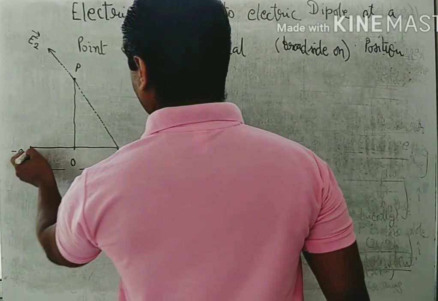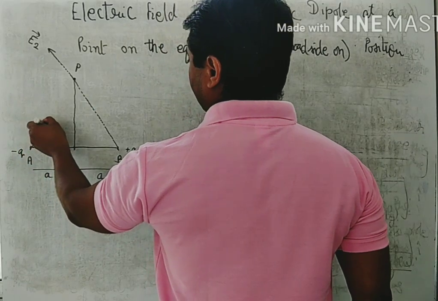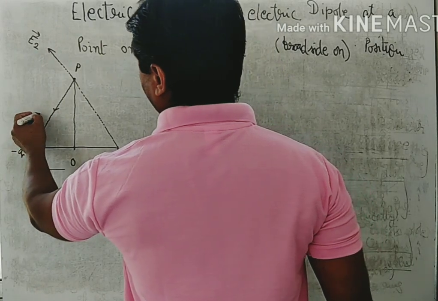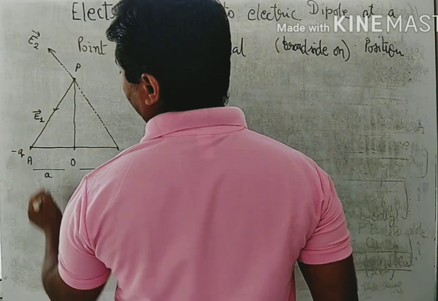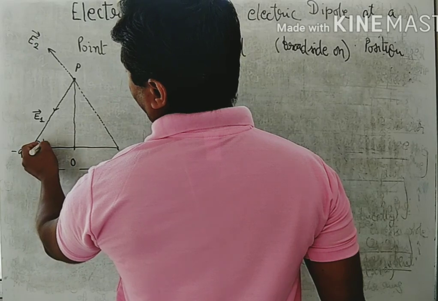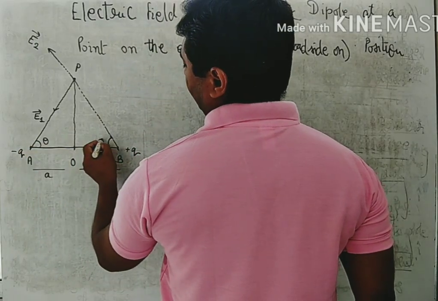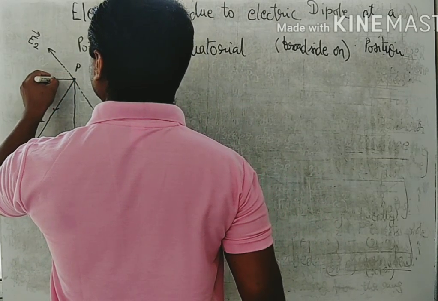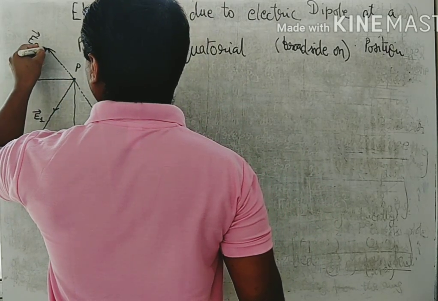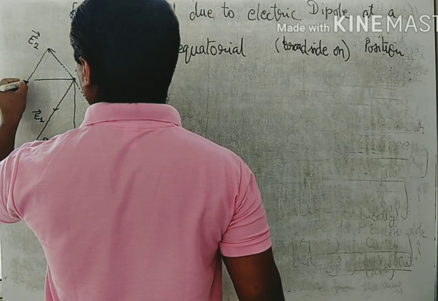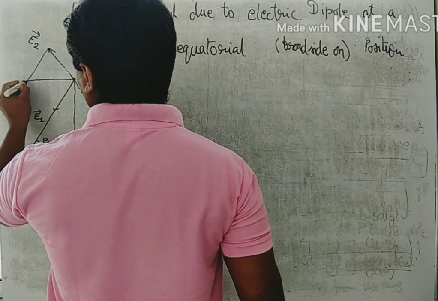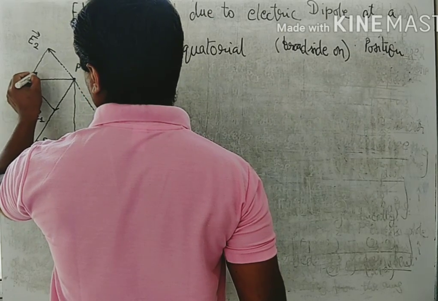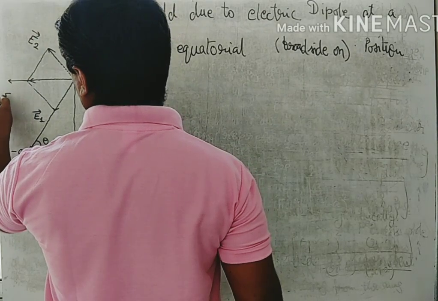Now the electric field produced by this negative charge at this point P will be along this, and this we are representing as vector E1. Let this angle be theta, so this has also to be theta. Now taking this as the resultant field, as per the vector sum rule, we can represent this as the resultant electric field E.